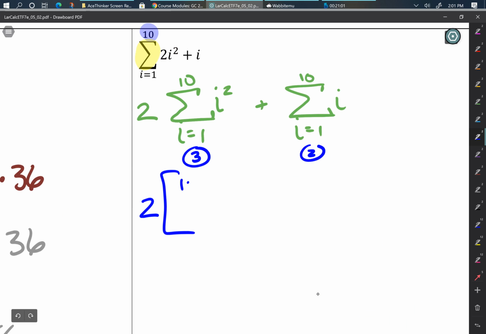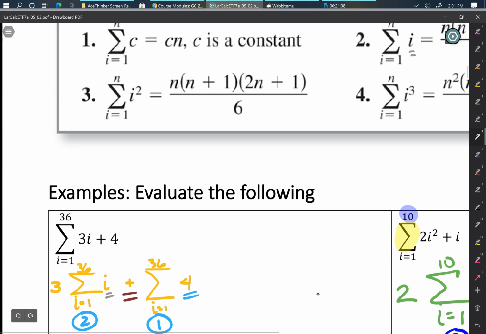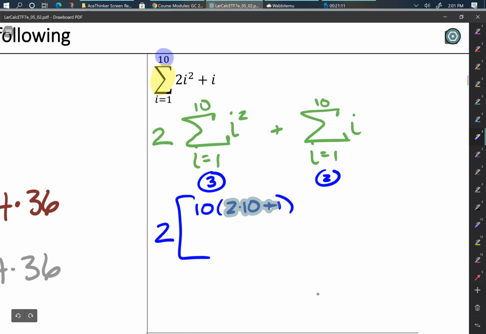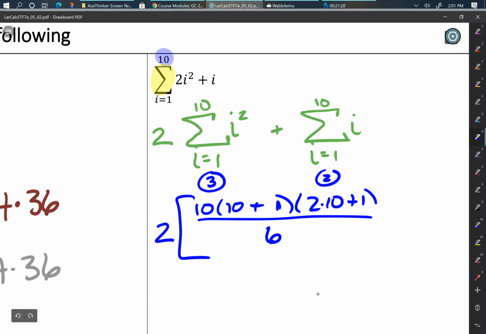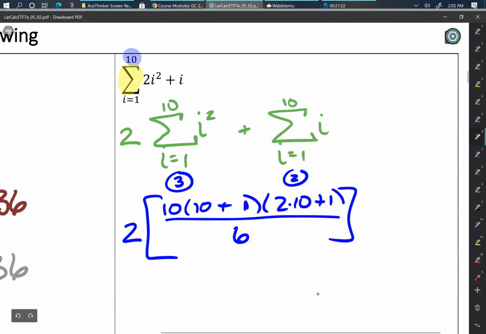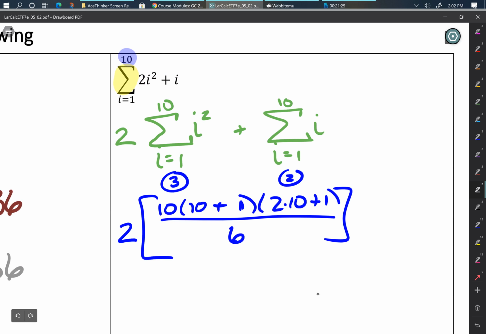Oh, I got them out of order, sorry. n times n plus 1 times 2n plus 1 divided by 6, okay, plus, and that's this addition right there, I just did that one, so I know that one. It's n times n plus 1 divided by 2, where n is the upper limit of summation.